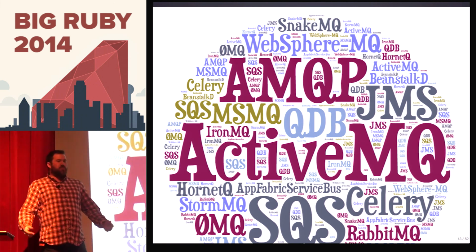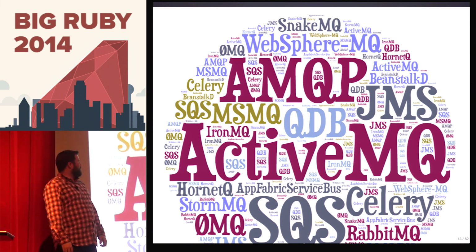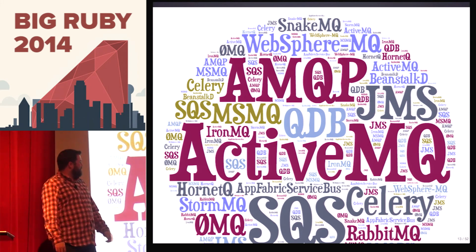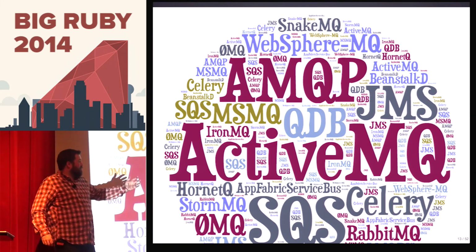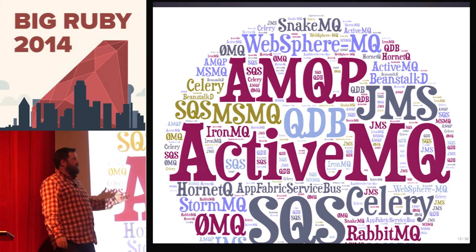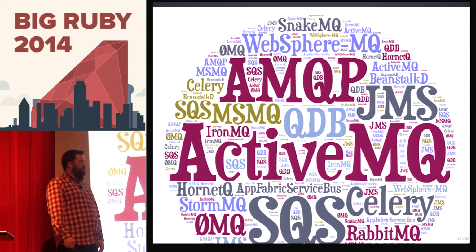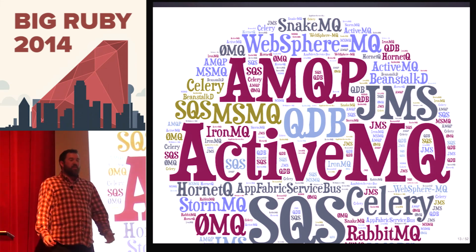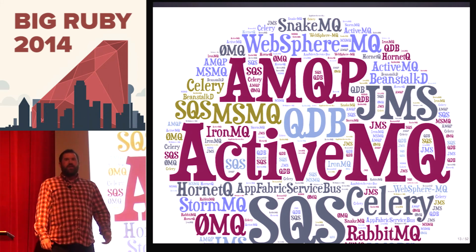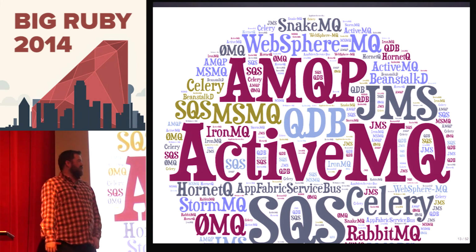When we talk about queues, there's some choices. A lot of choices. You may be familiar with some of these terms. I wasn't familiar with all of these. I actually Googled these the other day, and there's just a crazy amount of them. I think most people in this room have probably heard of RabbitMQ or have seen Redis used as a queue, or maybe Beanstalkd if you're really up on some of the cool things in Ruby right now.